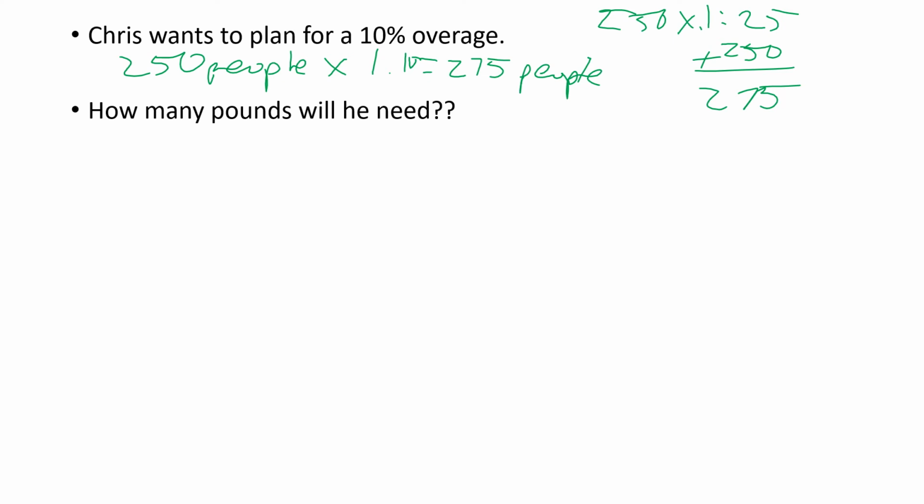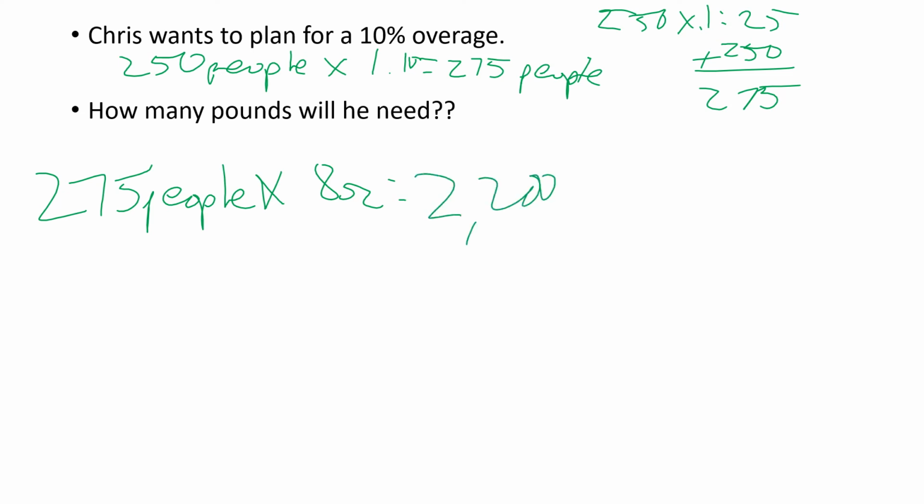All right. So how many pounds will he need? This is the same kind of question. So now I'm not going to do the wording again, but we're going to start with 275 people. We multiply by 8-ounce servings. And this time we get 2,200 ounces.